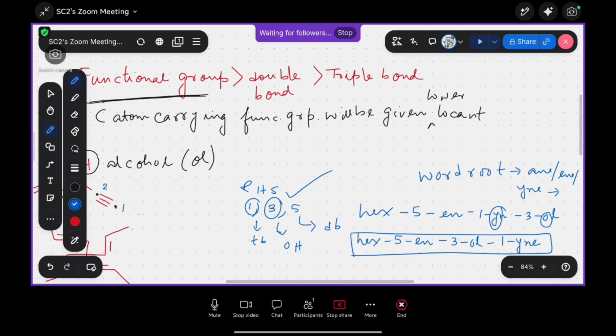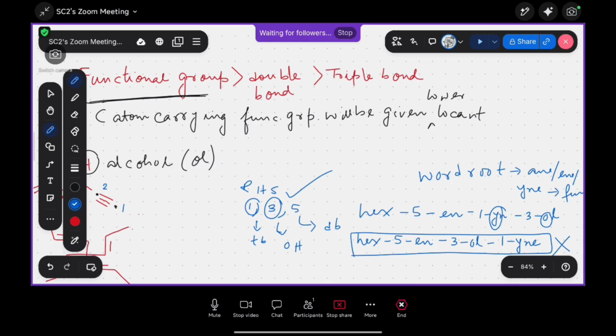And from that, we move to the functional group. We don't write the functional group before. So that means after the word root, the ane, ene or yne comes. So that means it is hex 5 ene, 1 yne, 3 ol. You should not write this as hex 5 ene, 3 ol, 1 yne.